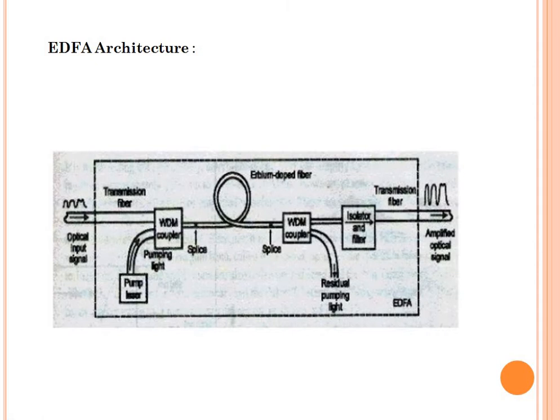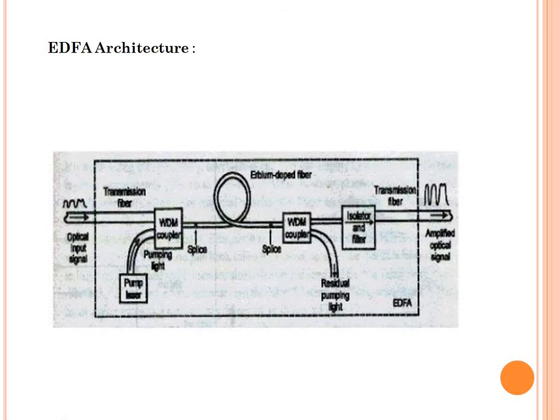The dichroic or two wavelength coupler will handle either 980 nanometer or 1480 nanometer wavelength combinations to couple both the pump and the signal optical powers efficiently into the fiber amplifier.